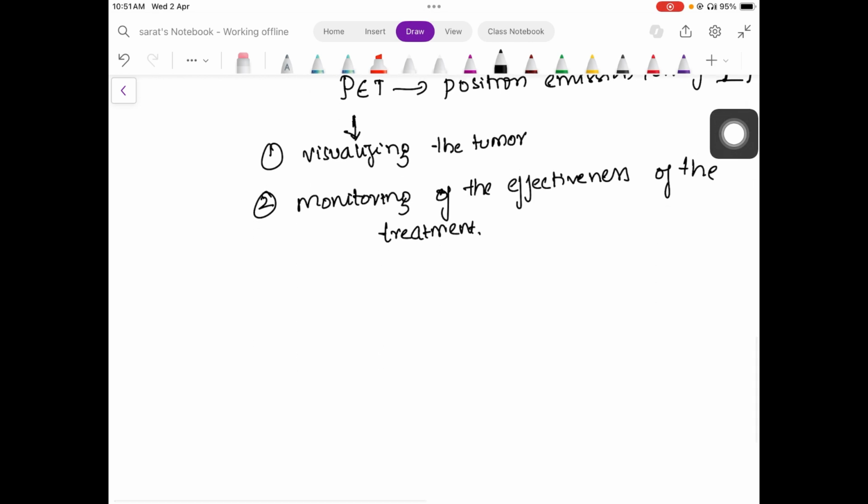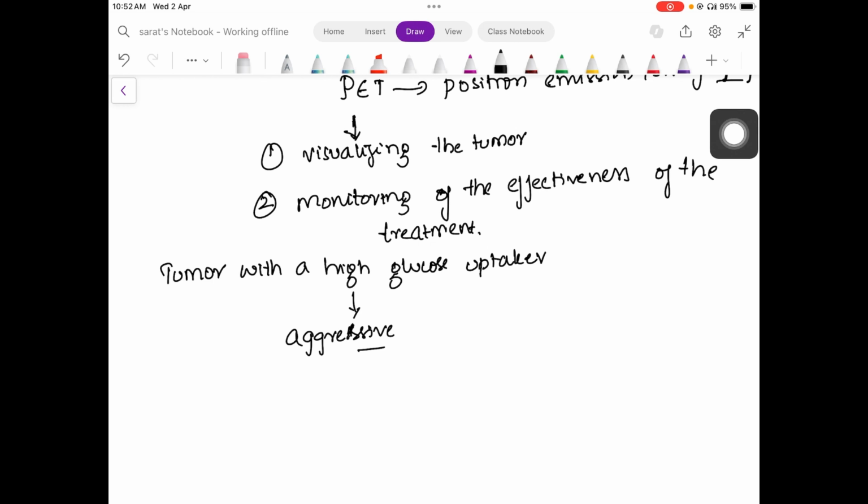And we can deduce one point: tumors with a high glucose uptake are aggressive.